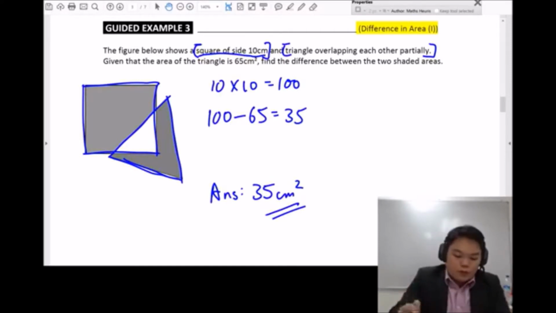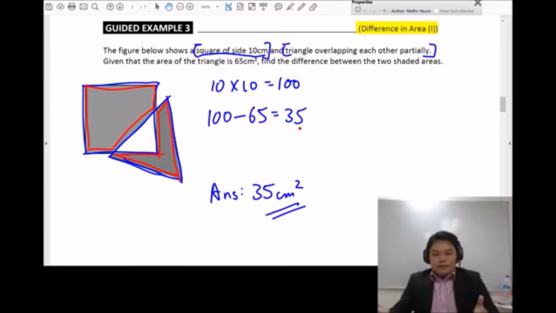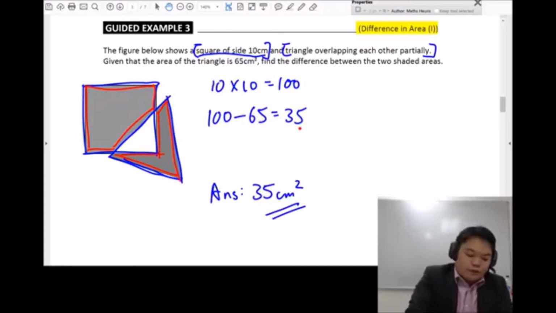Alright, you see, when you first see this problem, the first thing that will pop up to your mind would be to find this shaded region, this area, and minus away this area. Correct? But then there is no information about this triangle here.